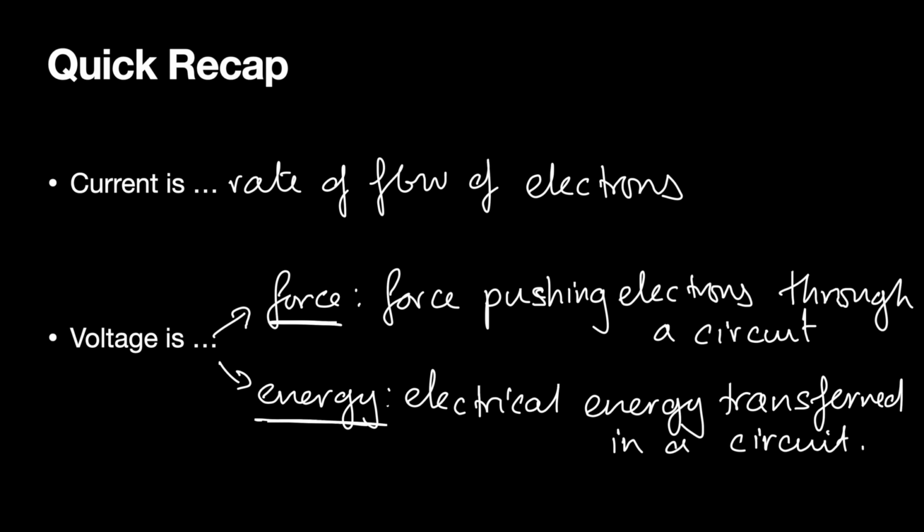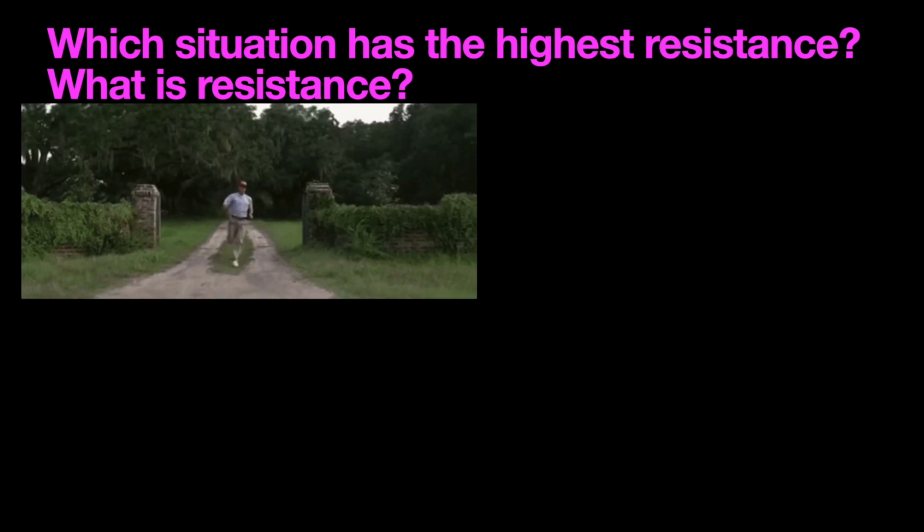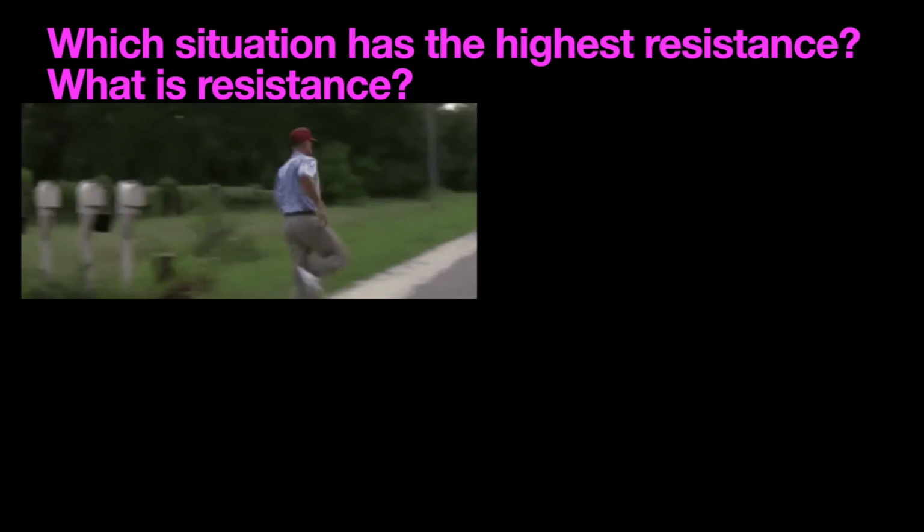So the first major concept we learned about was current, the second voltage, and the third major concept in this topic is resistance. So, where do we see resistance in the wider world? And what actually is resistance? Here we have three situations. The first is a man running on the road.